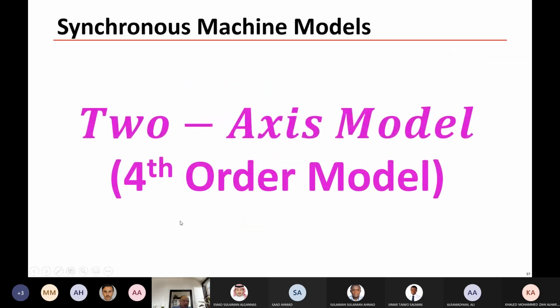A third order model, by the way, is very important for us. We will use this third order model extensively in designing the field controller, or what we call the power system stabilizer. So we will focus more and more on the third order model.